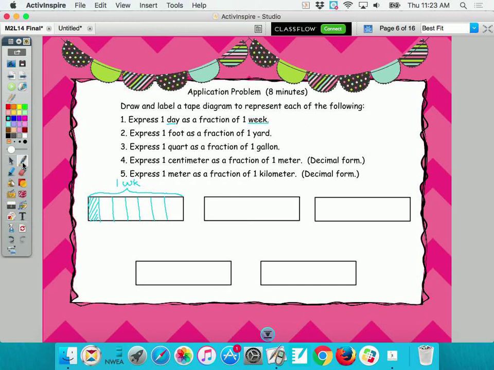Now, I'm going to write something down here and I want you to think, don't shout it out. So 1 day equals blank week. I want you to think about what you might put on the line, but don't shout it out.